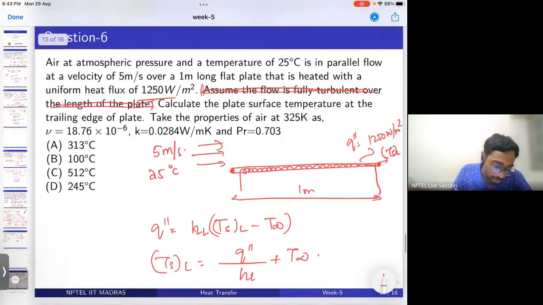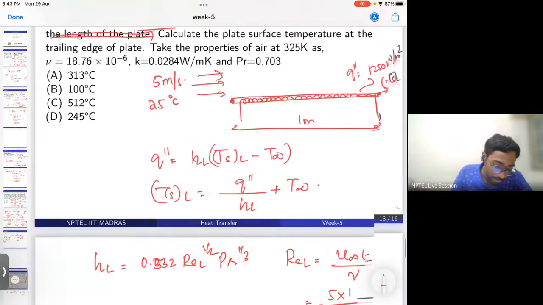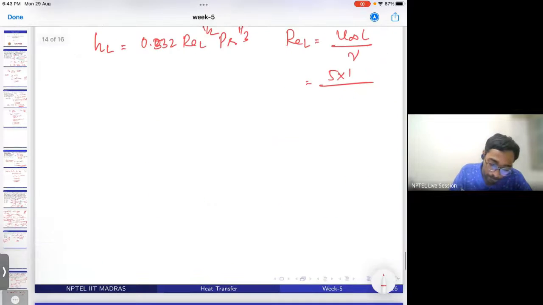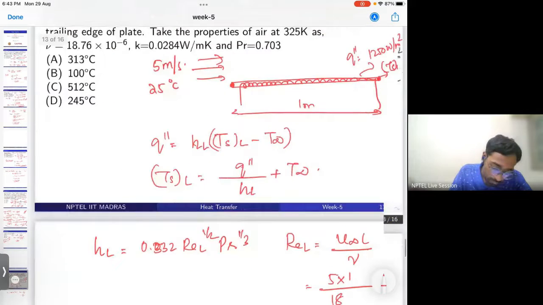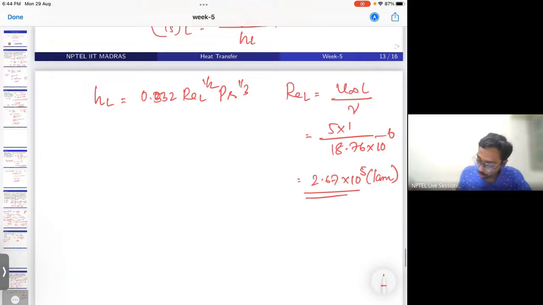U infinity is 5, length is given as 1, and mu is asked to take as 18.76 into 10 to the minus 6. If you calculate this, you will get the answer as 2.67 into 10 raised to 5. So it's in the laminar range.